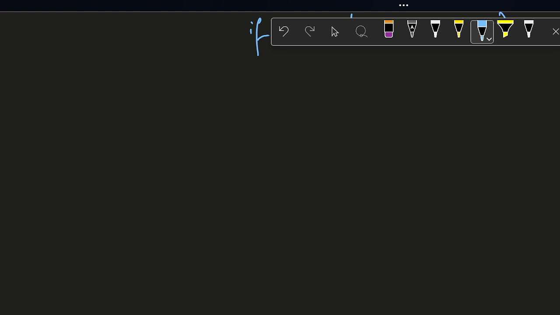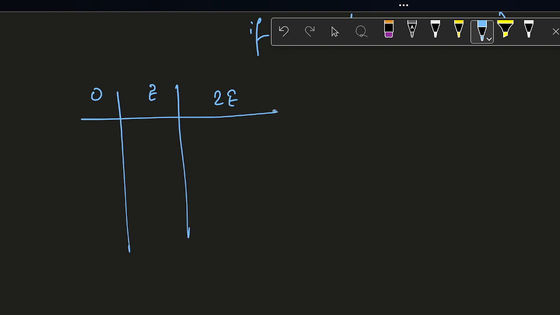Then we just have to see the different possible ways to distribute these particles. So you have the energy levels 0, E, and 2E. These are the three levels.